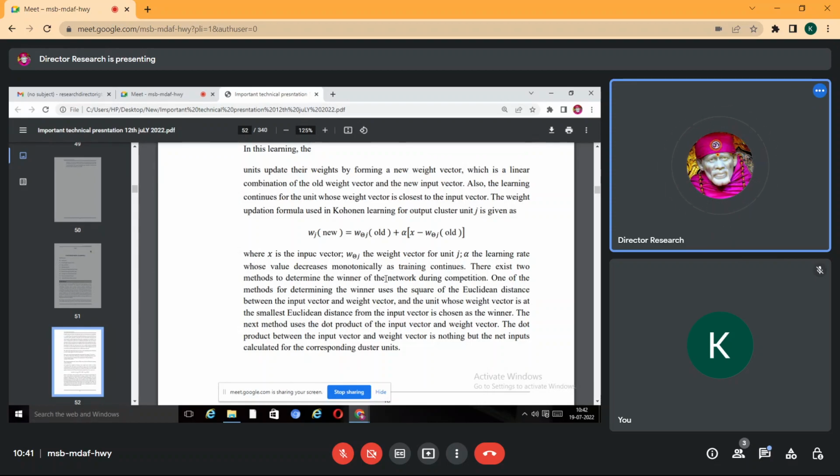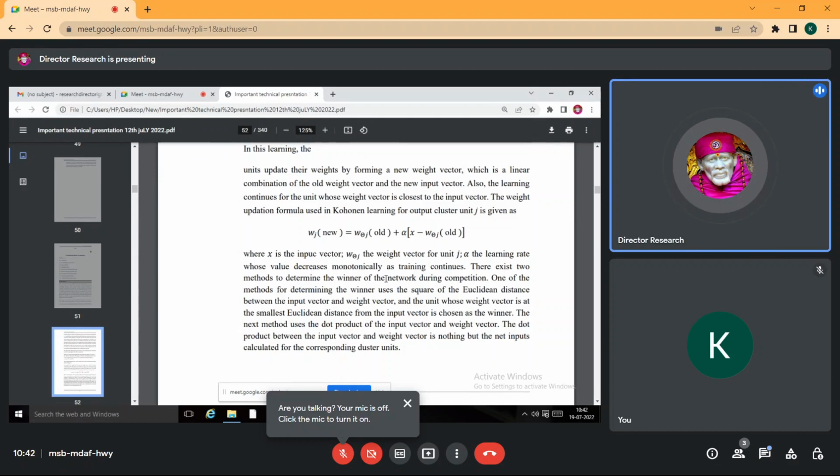There exist two methods to determine the winner of the network during competition. One of the methods for determining the winner uses the square of the Euclidean distance between the input vector and weight vector, and the unit whose weight vector is at the smallest Euclidean distance from the input vector is chosen as the winner. The next method uses the dot product of the input vector and weight vector.